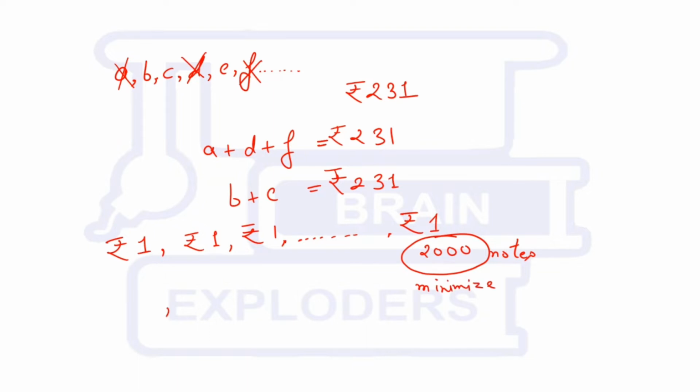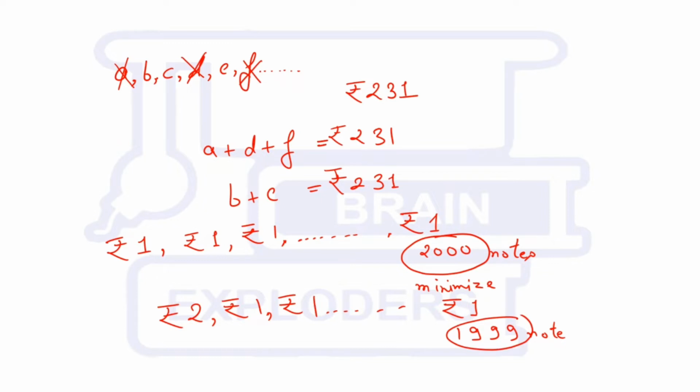Means if we print our first note of rupees 2 and another of rupees 1, then there will be 1999 notes. So it is decreased. We have to minimize it as much as possible.